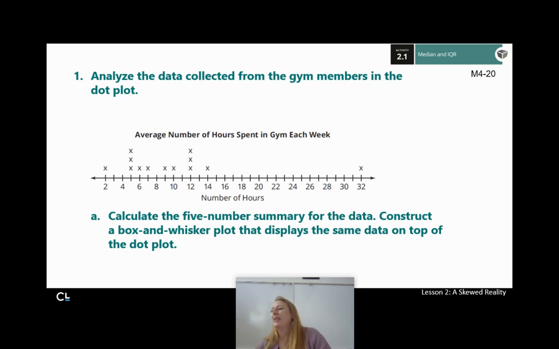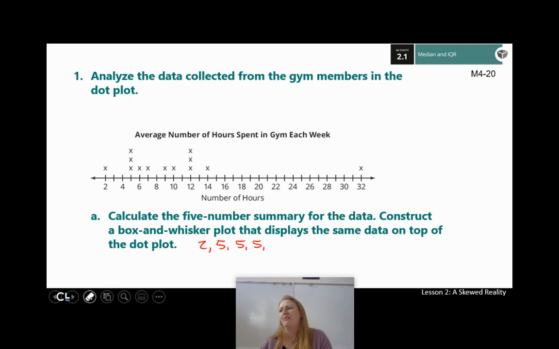All right, 5-number summary. Well, if I'm going to do a 5-number summary, the first thing I need to do is put these in order. So I have 2, I have 3 5s. I only have 3 5s. I got carried away.